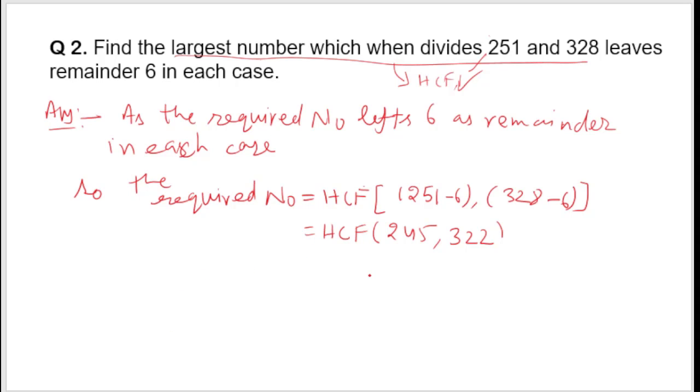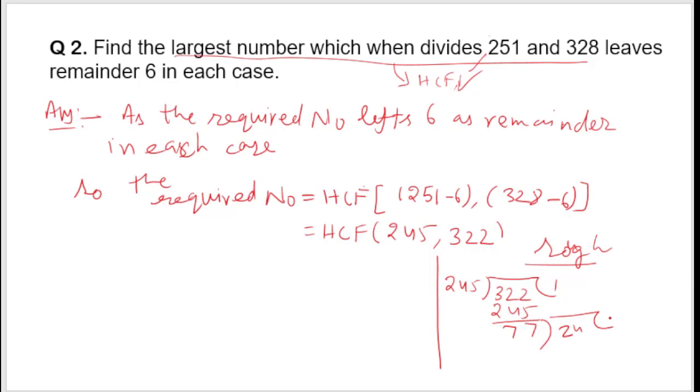Now doing the same procedure of calculating the HCF by the continuous division method in the rough work area, that is 245, 322, 1 time 245, that remains 77. Now for 245, that goes 3 times is 231, gives remainder as 14.